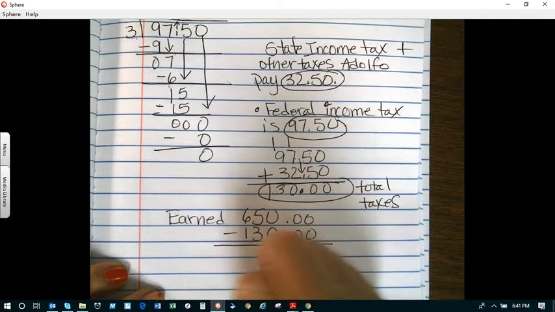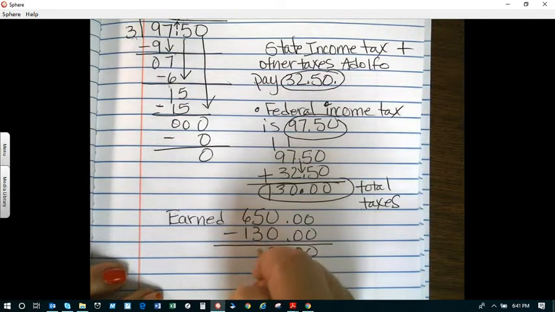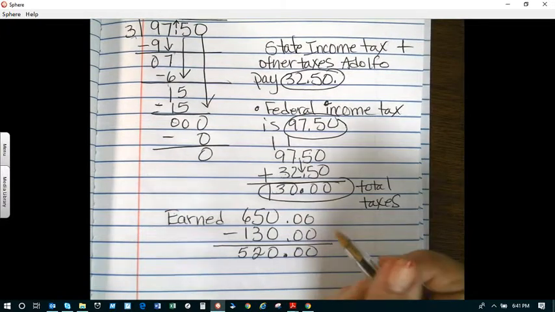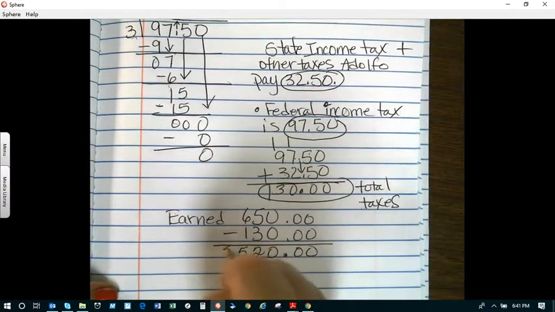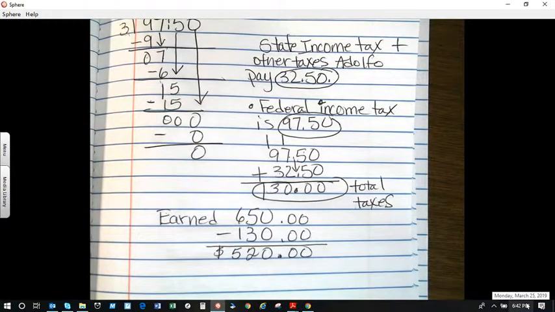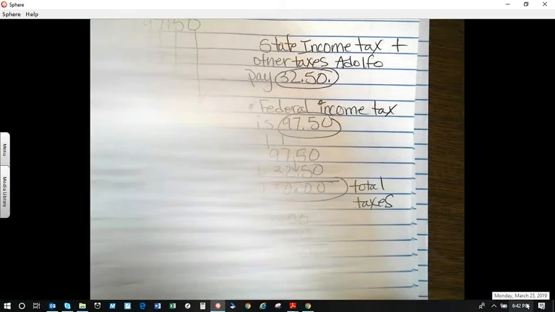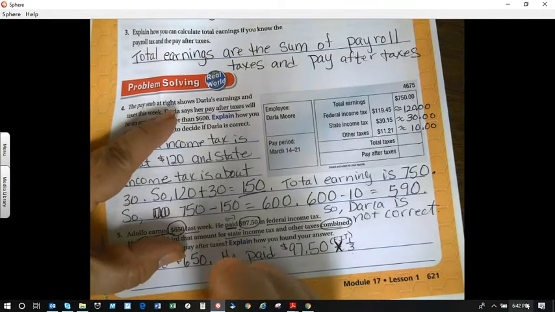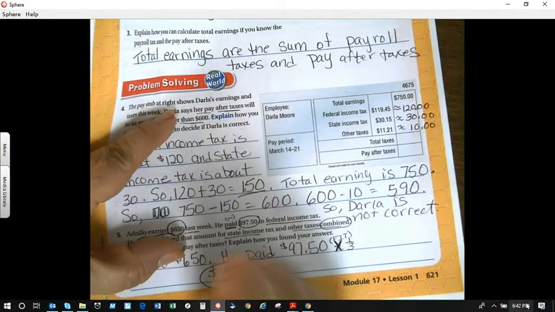So I have 0, 5, minus 3 is 2. 6 minus 1 is 5. So he gets paid $520. So how much does he pay after taxes? He's going to get paid $520.